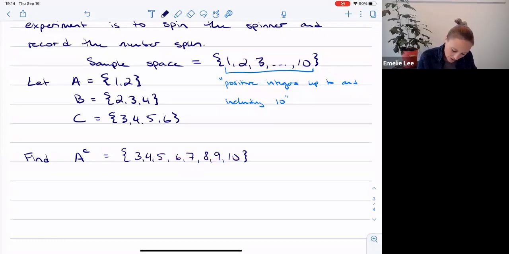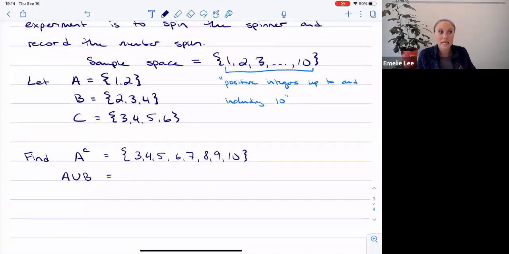So the next thing I want to find is A union B, right? So A or B. When I say union, it's hard for me to think what I should be doing, but when I say A or B, then I'm just listing all the values that are in either A or B. If I look at A, I have 1, 2, and then 2 again.